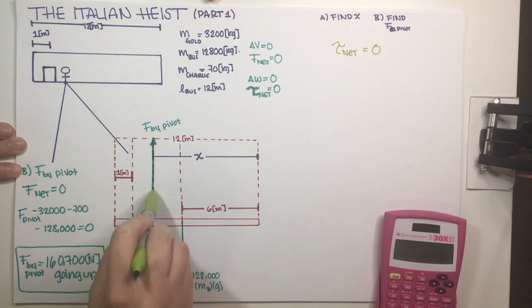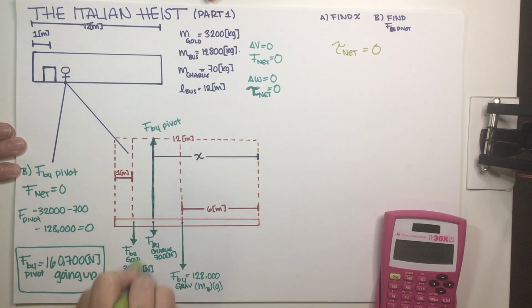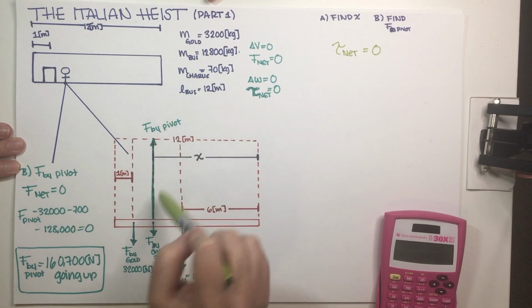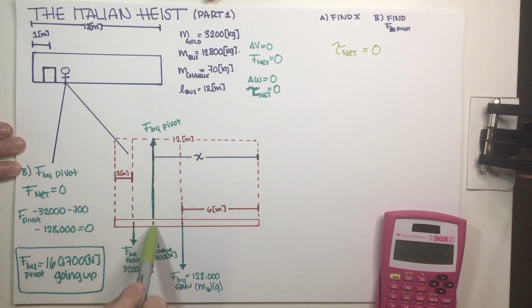Now, out of these 4 forces, how many of them generate a torque? Well, only this force, force by Gould, and this force, force by gravity, are generating a torque, because force by pivot and force by Charlie are being applied at the pivot point, which means there is no moment arm. R is equal to 0.